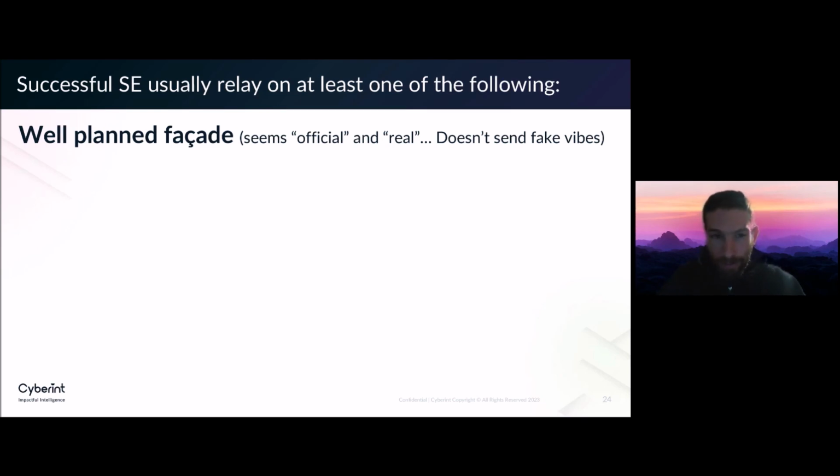So the first, it needs to look good, okay? It needs to look like the impersonation, if they're doing impersonation, needs to seem official, real, with as minimum of red flags as possible, right? And again, this is something that threat actors are getting better and better at.